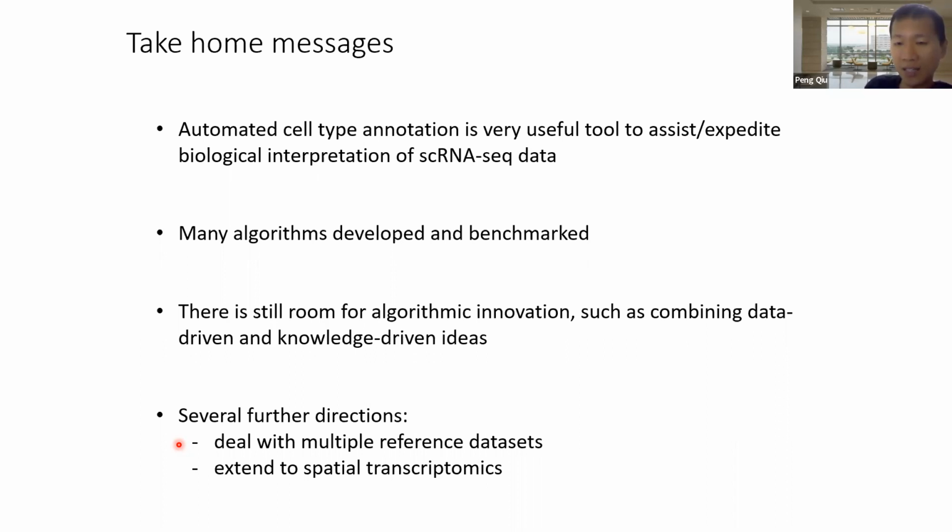In that case, how can we consolidate multiple reference data sets in one unified framework that we can use for annotating a new data set? That is a challenging problem in itself. And that also resonates with one existing challenge about what really is an atlas. When we have multiple data sets generated from the same biological context, how can we efficiently combine them into one comprehensive atlas?